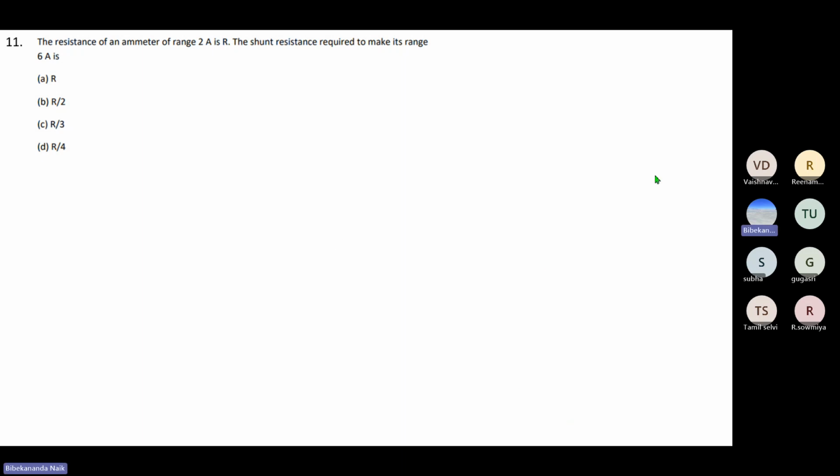Can anyone tell me what will be the value of the shunt resistance so that the range of the ammeter will be 6 ampere?